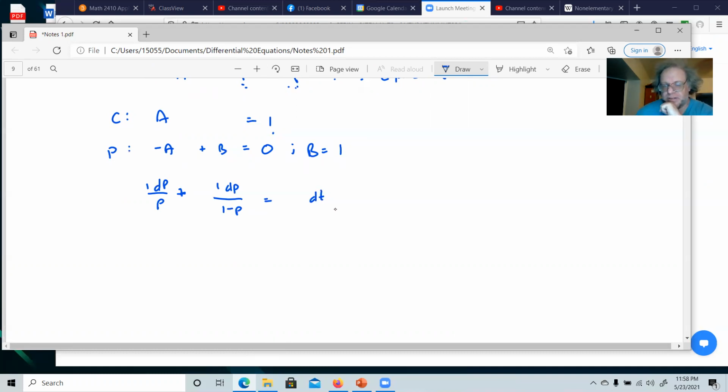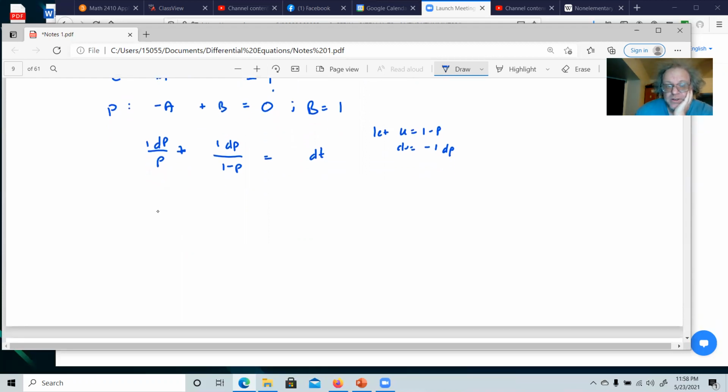Back from a couple of lines up, right? If you still have to do a u substitution on this, you go right ahead and do a u substitution on this. Okay, so we're going to say let u equal 1 minus p, du would equal negative dp. So there's going to be a negative sign here because of this.